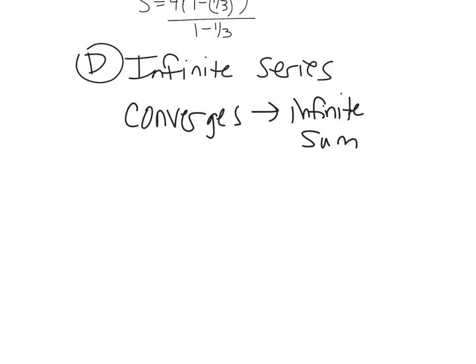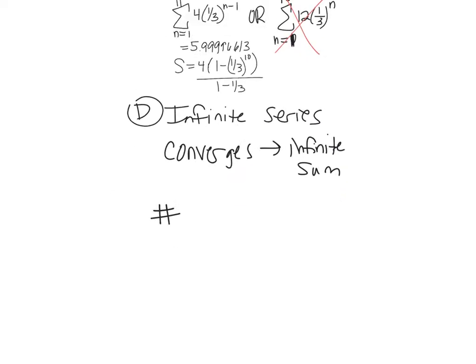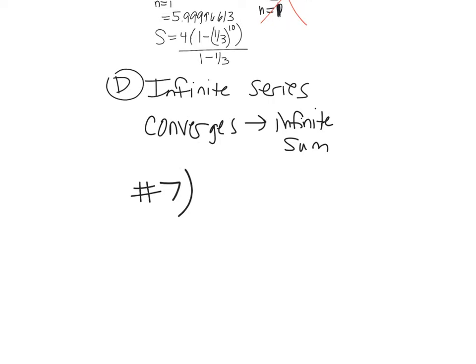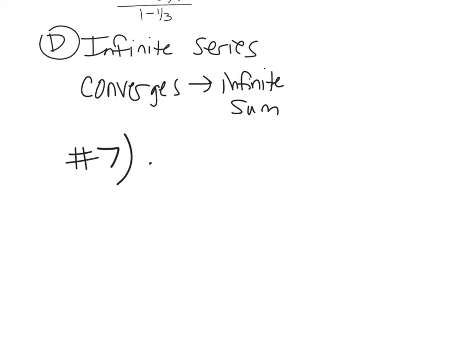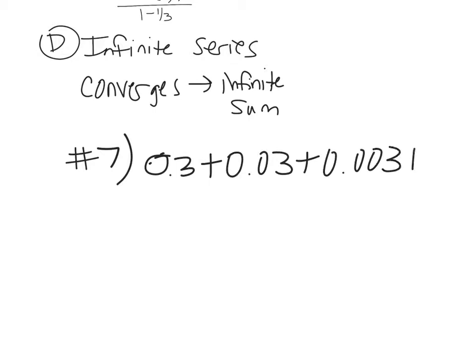Okay? So for example, if I had something like this, and I told you to add up, so this is number 7. I told you to add up these numbers. Add up 0.3 plus 0.03 plus 0.003 plus ... forever. Okay?